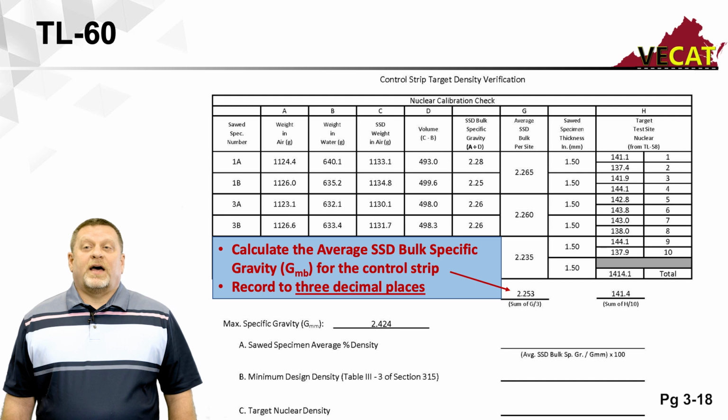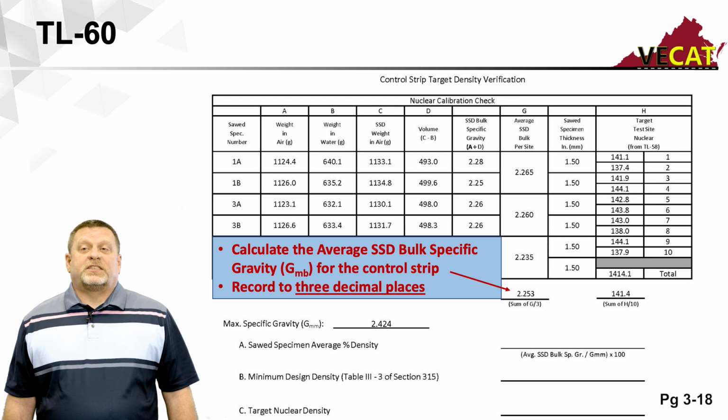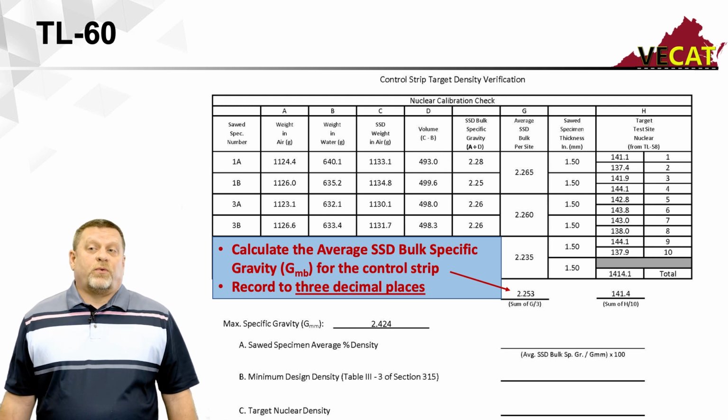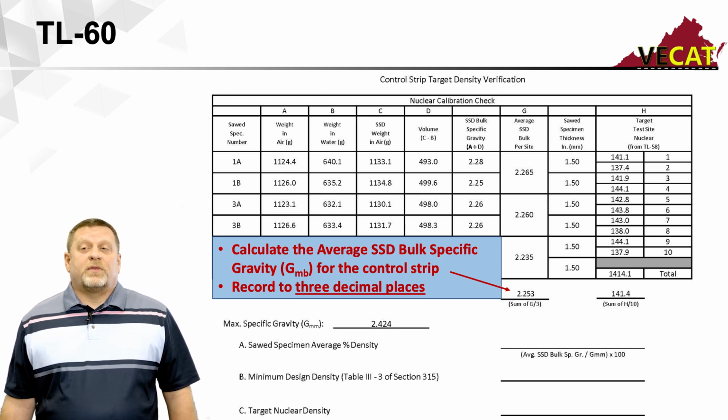The next step, now that we've got our individual site location bulk specific gravities, which is the combination of A and B for each site, is to average those 3. That's simply adding the 3 bulk specific gravities together and dividing by 3. Again, we're going to report this to 3 decimal places. We want to keep that going forward with specific gravities.